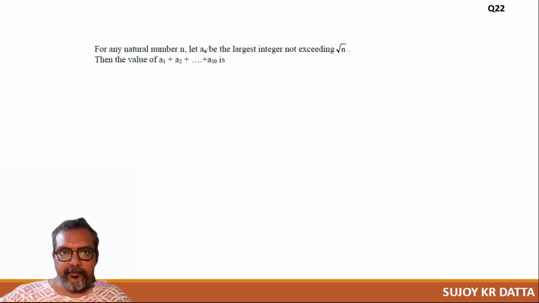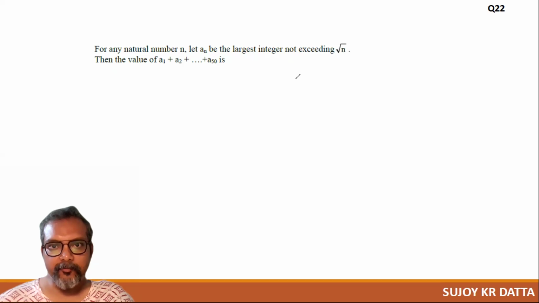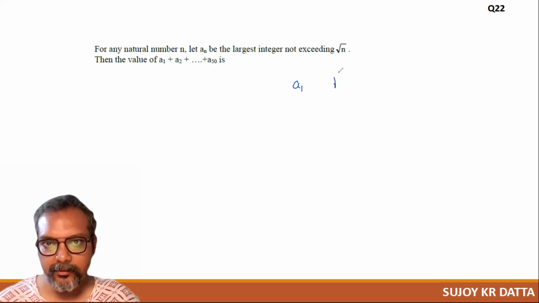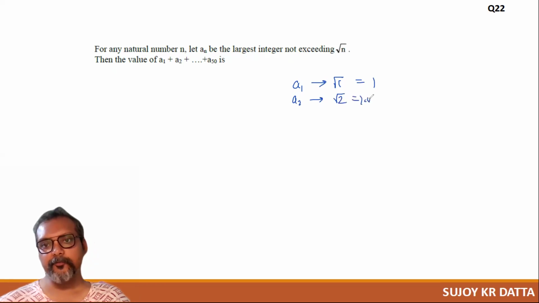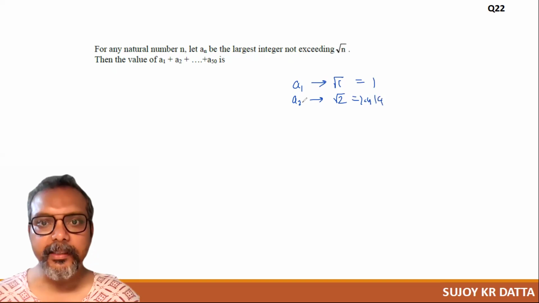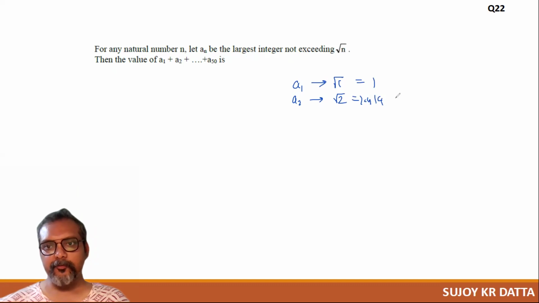For any natural number n, let a_n be the largest integer not exceeding root n. So for example, a1 will be the largest integer not exceeding root 1, so in this case it will be 1. For a2, it will be root 2, which we know is 1.414, and we need a2 to be the largest integer not exceeding 1.414.